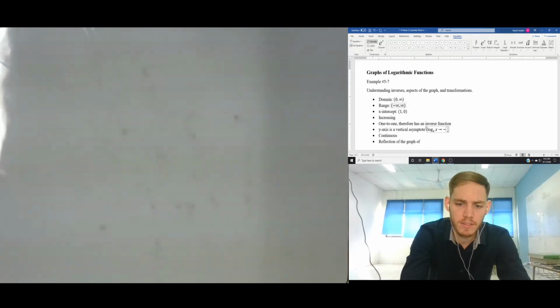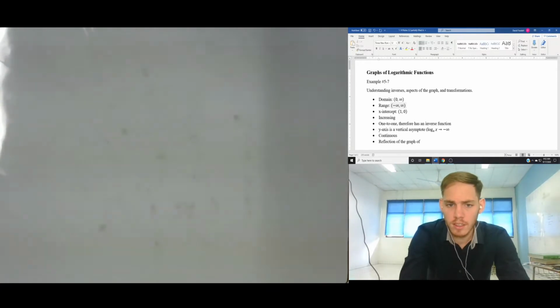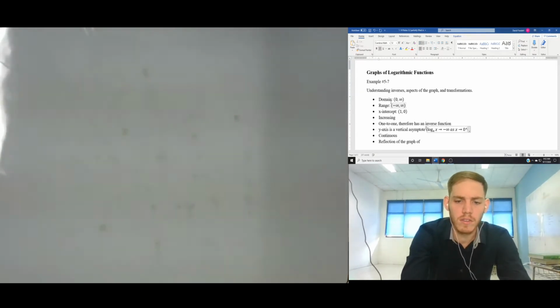Okay, and the y-axis is a vertical asymptote, where log base a of x as x approaches 0 from the right approaches negative infinity.